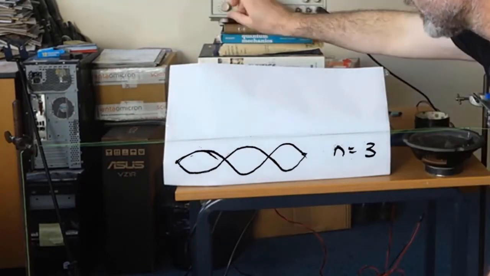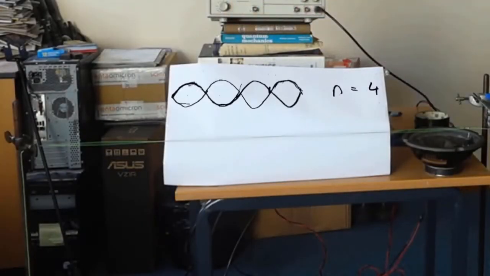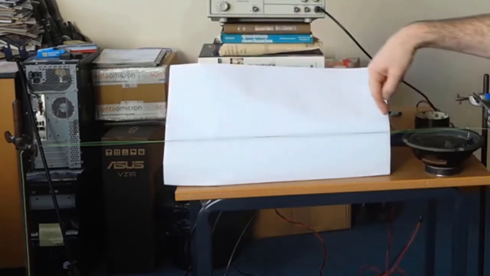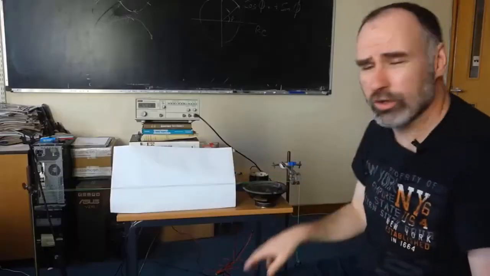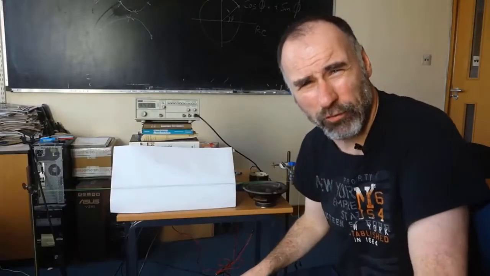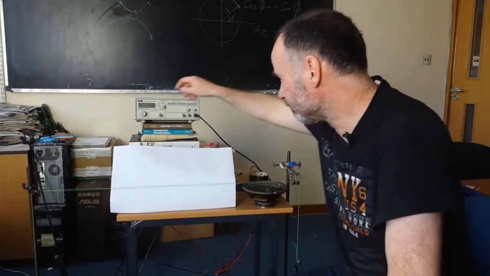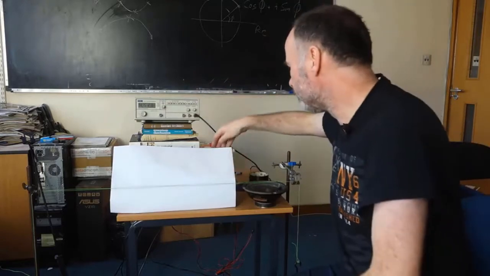And let's go to the fourth. Let's see if we can get the fourth. Okay, there we go. Node, node, node, antinode, antinode, antinode, antinode, fourth harmonic. We could continue to go higher, but that makes an awful racket. So let's move on and go to something a little bit more musical.